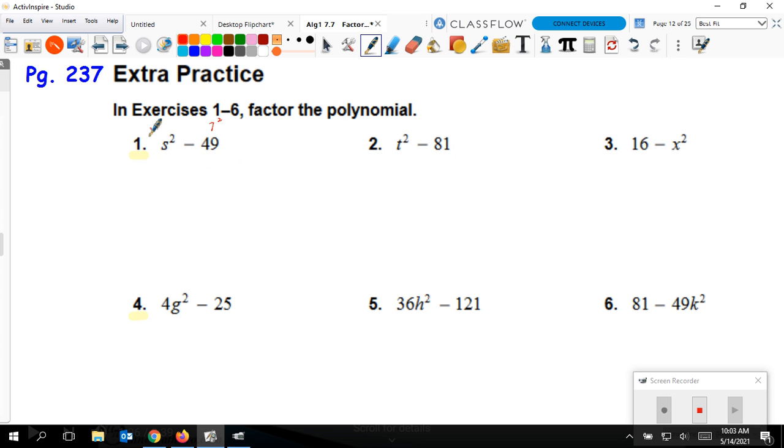So two perfect square terms with a minus in between, making a difference of two squares. So we can factor this into two binomials. Put the empty binomials down. Start with s times s, and 49 is 7 times 7. And then just 1 plus and 1 minus. It doesn't matter whether you put the plus first then the minus, or the minus then the plus. So that's our answer, and it's that simple.